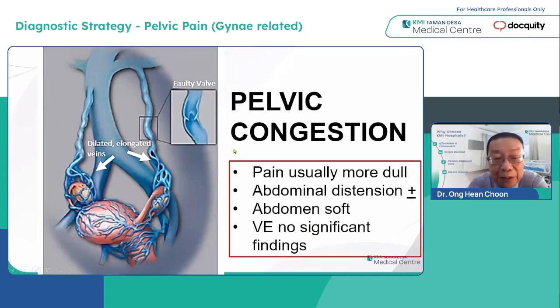In patients like this, the pain is usually more dull, and the dysmenorrhea is premenstrual. There may be a slight abdominal distension. The abdomen is usually soft, and if you do a vaginal examination, there are no significant findings. When the period comes and the congestion is relieved, the pain will go off. That is the way to diagnose this condition.